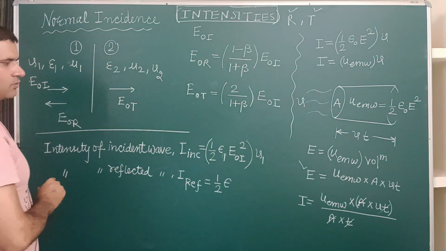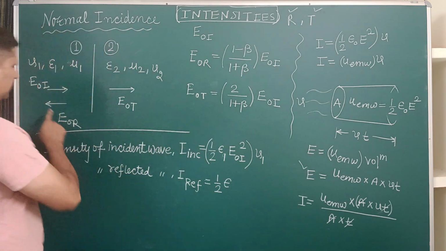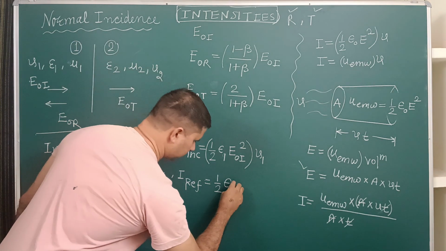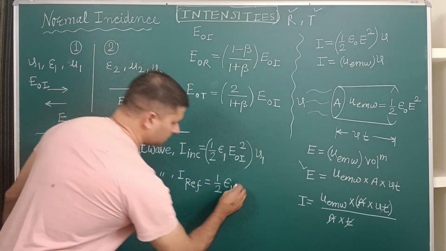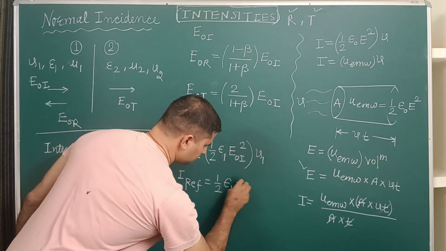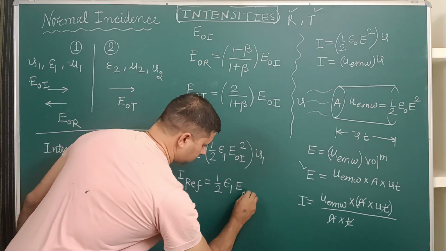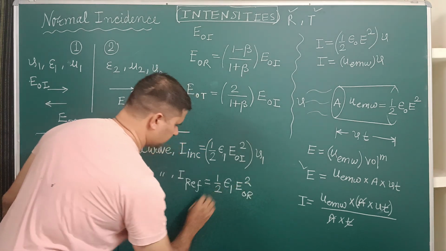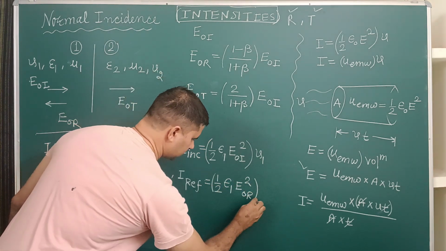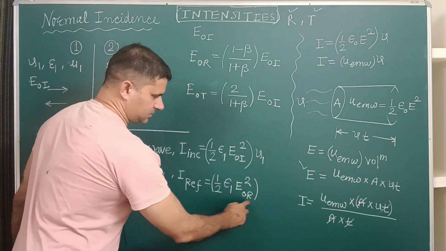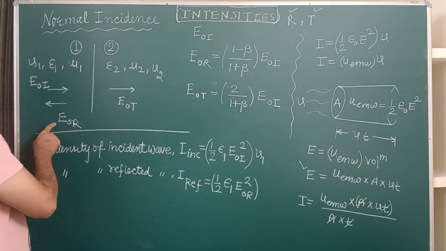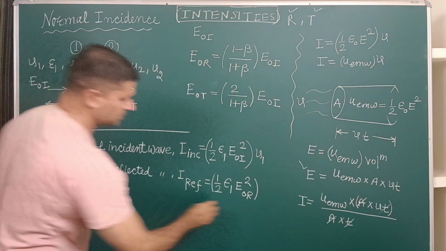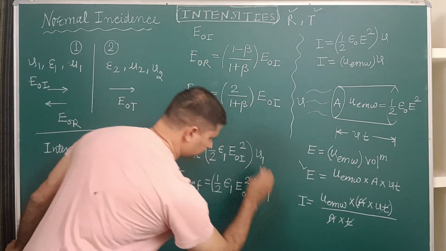This is epsilon 1. Okay, and the reflected also is in the same medium, so here I will write epsilon 1, and here I will write E, amplitude of reflected signal, and its square. Now we will multiply this factor with velocity of the reflected signal. This is again in the first medium where velocity is v1. So I will write it v1.